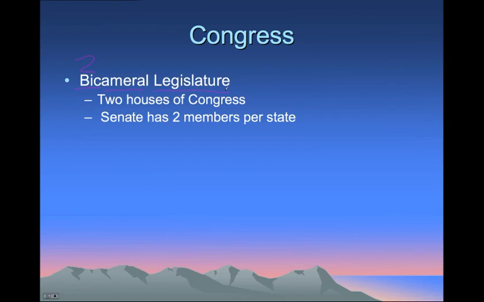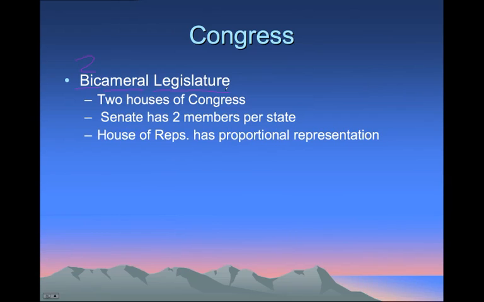Now the Senate has 2 members per state, and since we have 50 states, that means we have 100 representatives. And the House of Representatives has what's called proportional representation. And proportional representation means that each state is allotted representatives based on how many people they have in their state. So a state like Texas, which has a very large population, I think has about 37 representatives, whereas North Carolina, we have a much smaller population, we have 13 representatives.